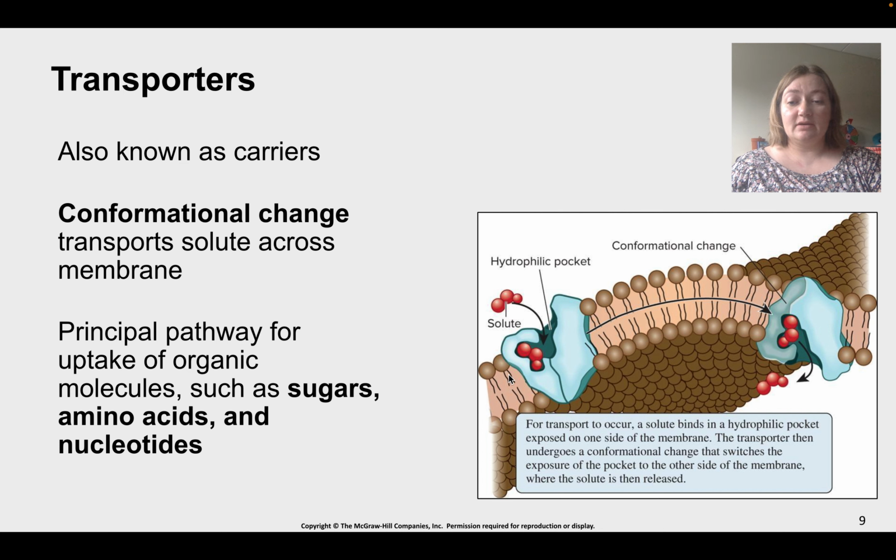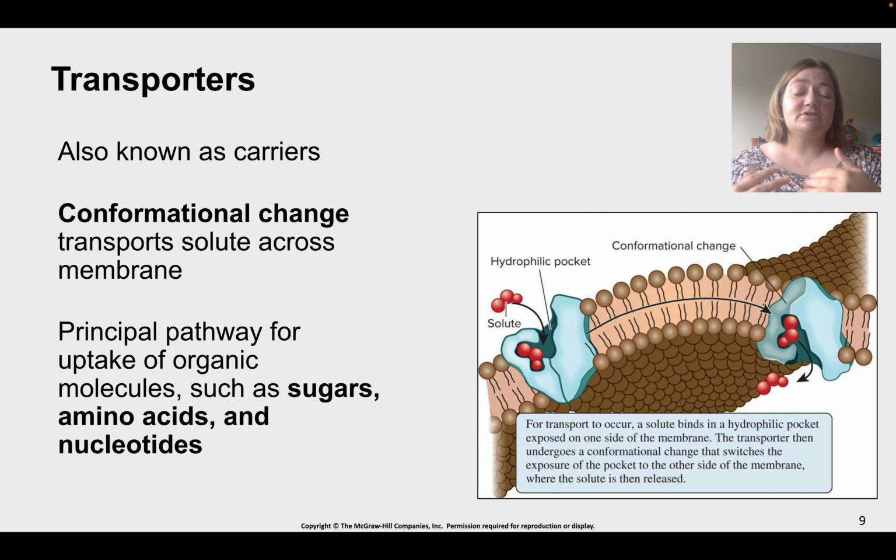If we look at this image here, we can see that this transport protein is open on one side, it accepts a solute, and it's going to change its shape to where it empties on the other side. So the side that it entered is no longer open, but the side that it wants to go to has now opened up and is releasing the solute on the other side.